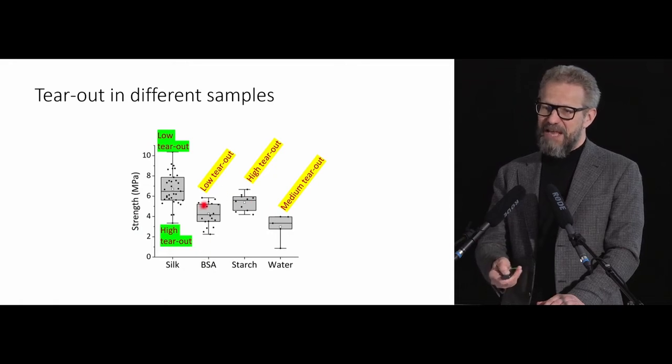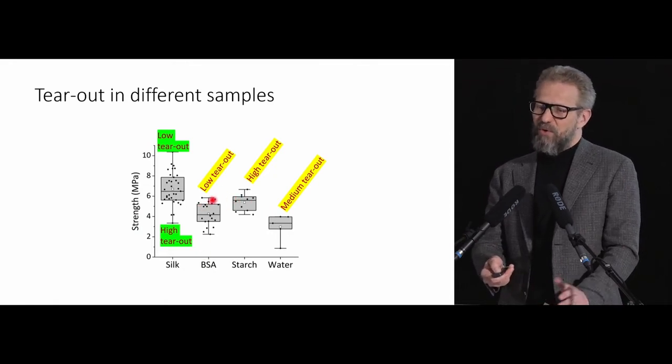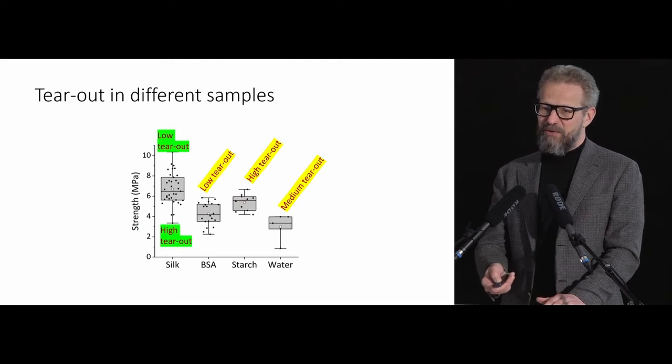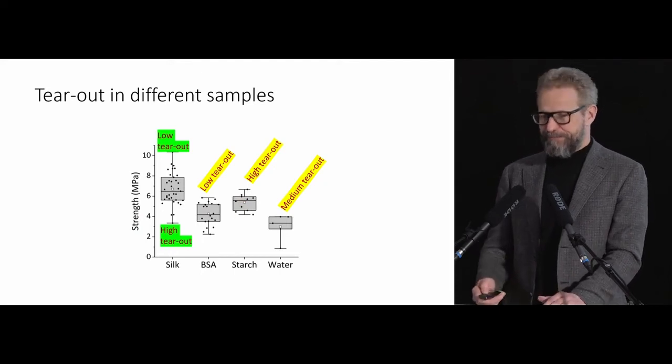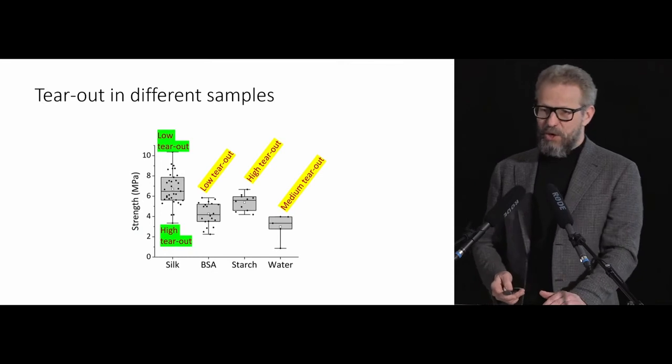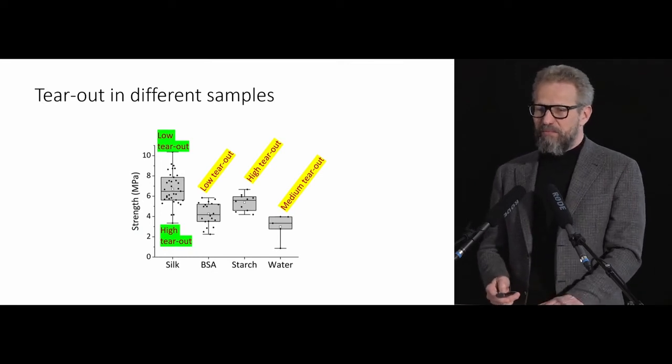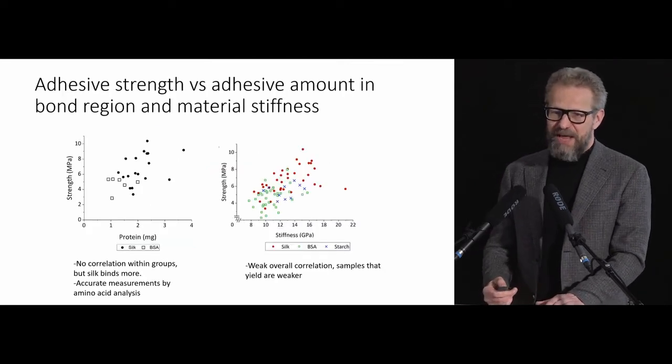BSA had no tear out, and with more or less similar strength, starch had a high tear out. So we analyzed samples to try to understand them further.